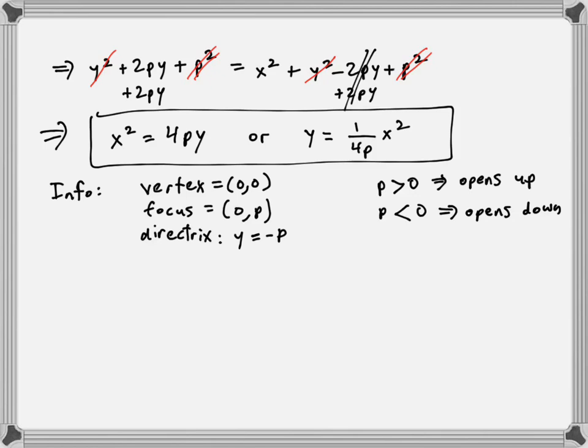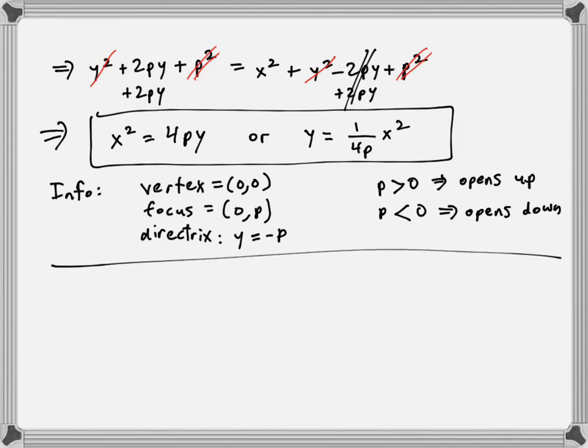This is not the end of the story. Everything that we did here, we can swap x and y. In other words, we could have instead made the directrix a vertical line instead of a horizontal line, and then our parabola would have opened to the right or the left. So let me go ahead and talk about that case really quick.